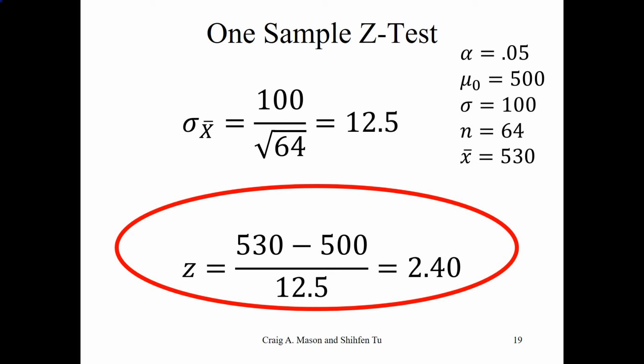We already saw that our standard error did not change. As a result, if mu naught and the sample mean do not change, our z-score is the same. It's still 2.40. Whether we have a one or two-tailed hypothesis doesn't change our z-score. What has changed is our p-value.